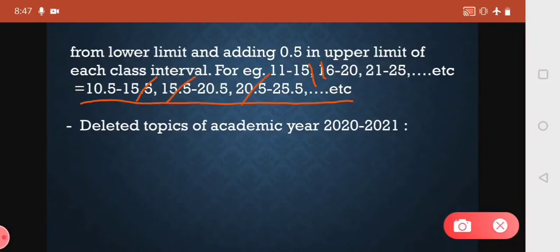Similarly you will get 20.5 to 25.5, and so on for each class. So when discontinuous class intervals are given, take care that you first change them into continuous class intervals and then move further.